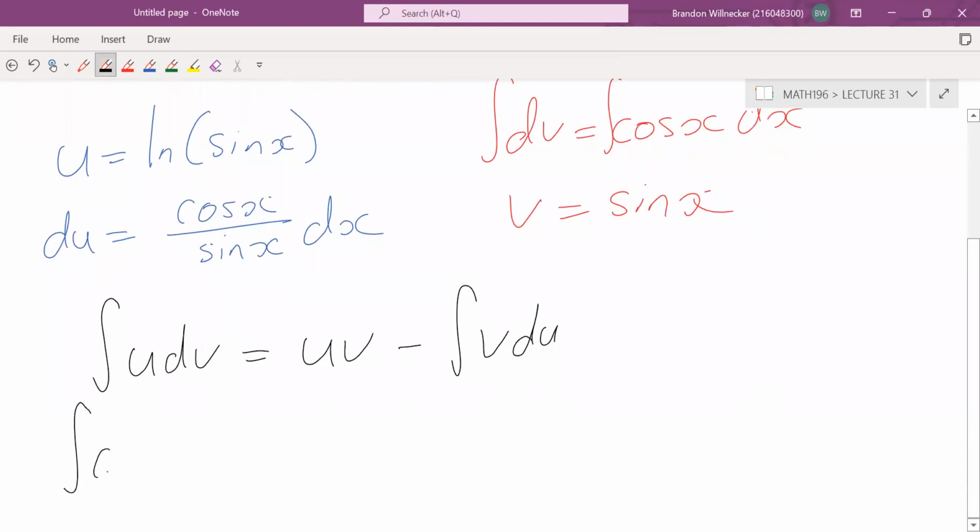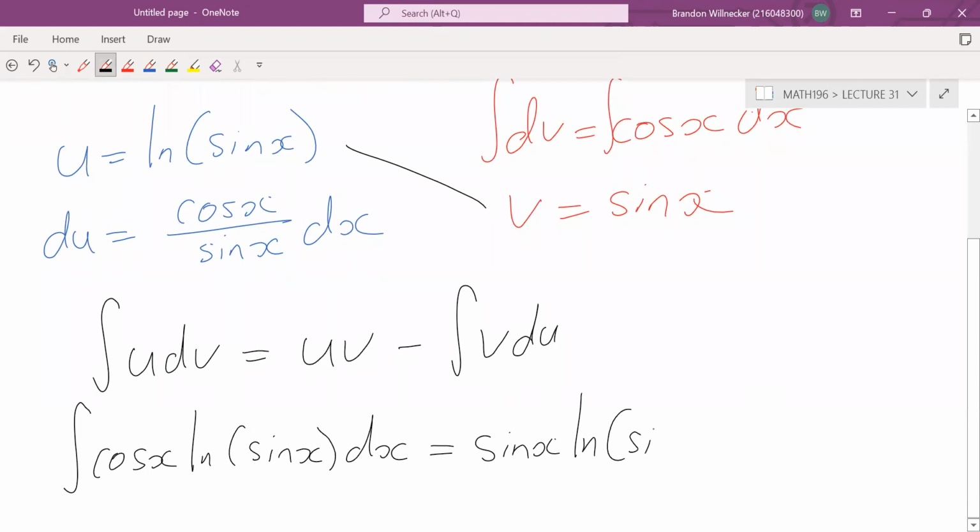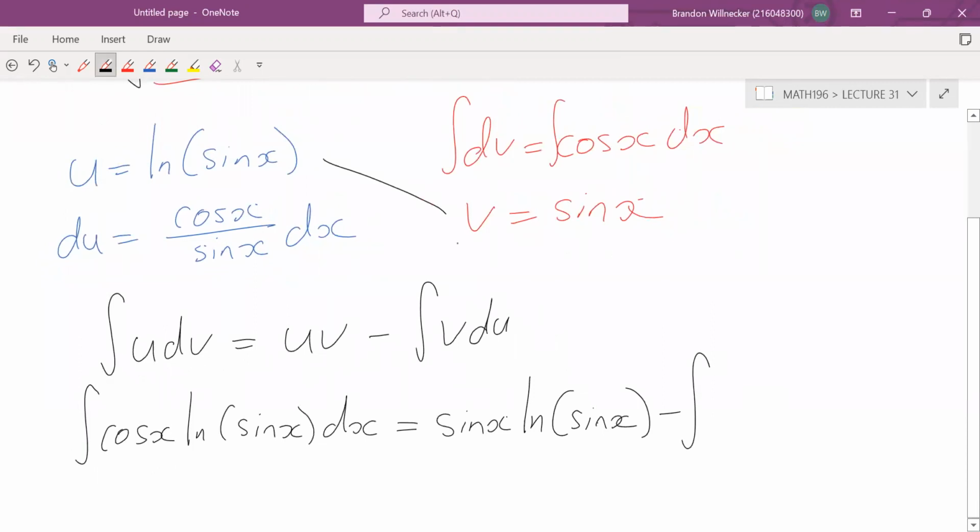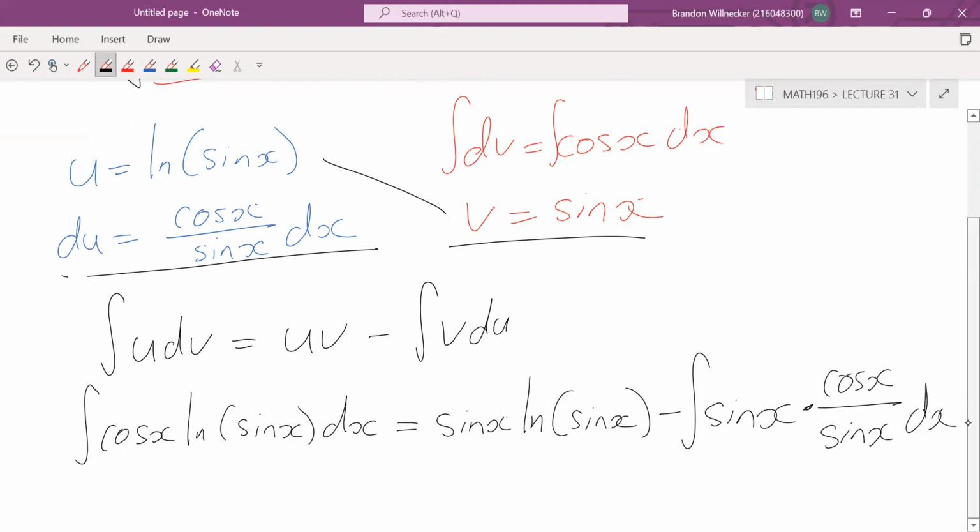So the integral of cos x times the natural log of sine x dx is equal to u times v, so that's going to be sine x times the natural log of sine x, minus the integral of v du, which is sine x times cos x over sine x dx.